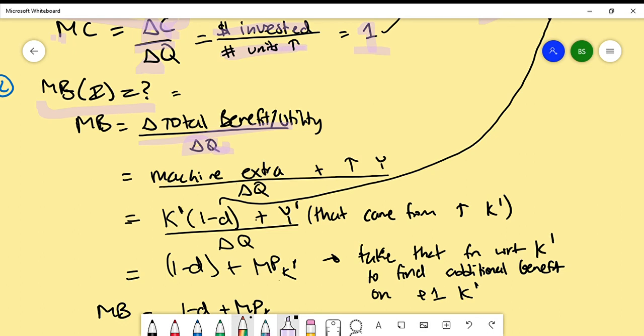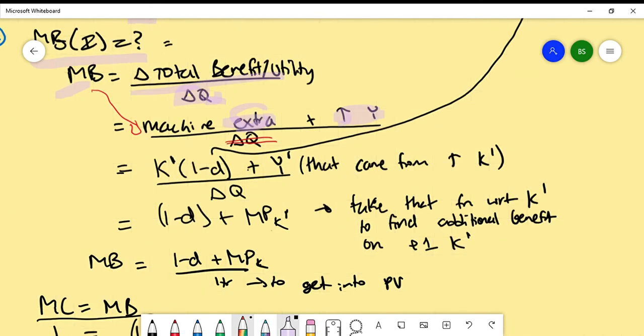Okay, I think I might have to cross this out, because the marginal benefit is basically just the extra part of the machine that we get, and any increase in the income that we get due to this extra investment. So it's the machine extra plus the increase, not just the total machine or the total income. It's just the extra of the machine that we get.